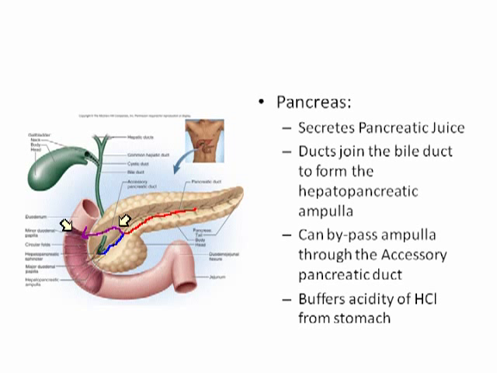Now, what would be the benefit of releasing pancreatic juice directly into the duodenum while bypassing the ampulla? Think about that. What is the liver secreting?